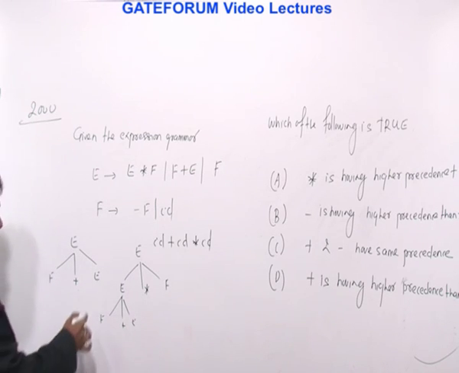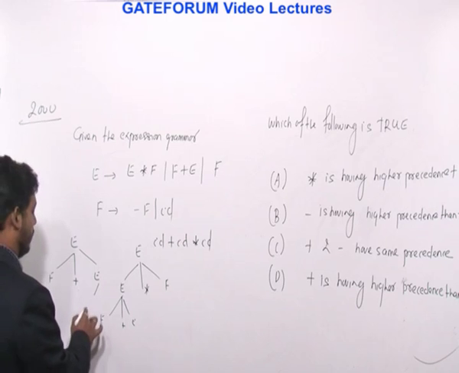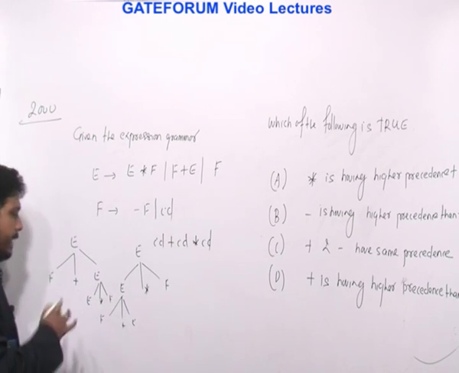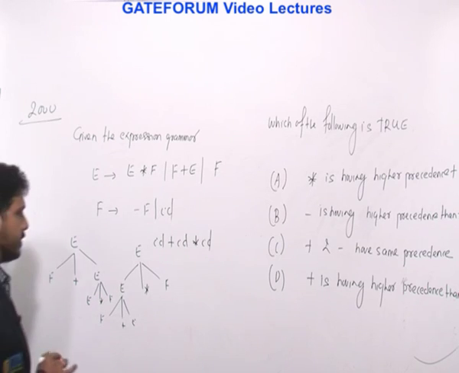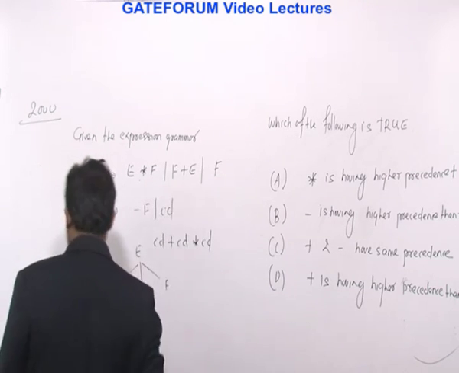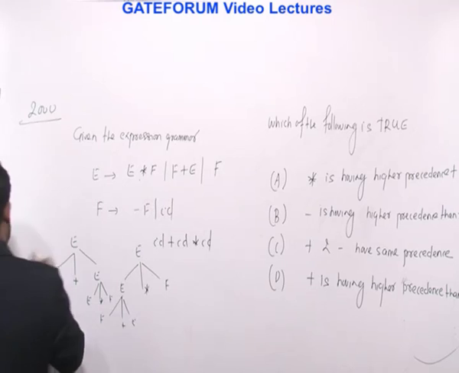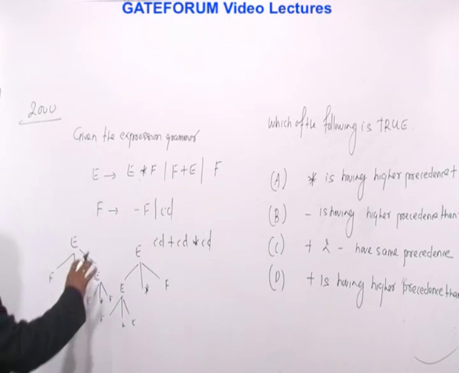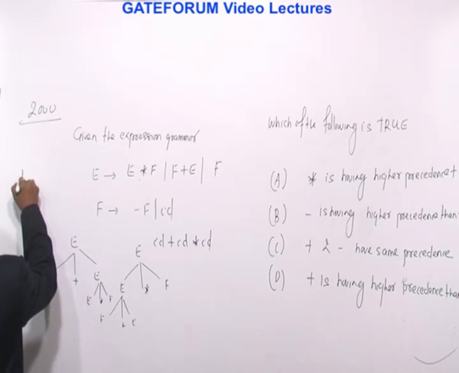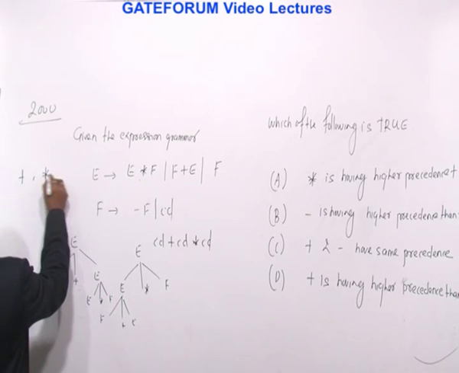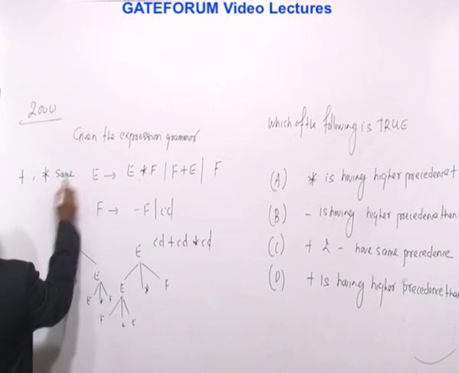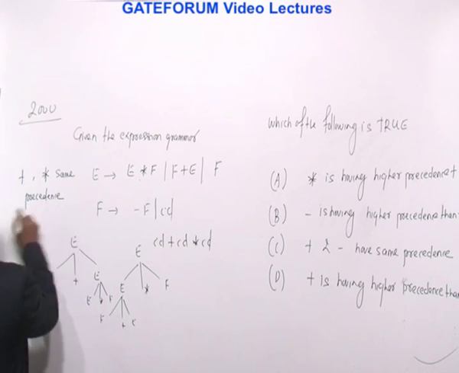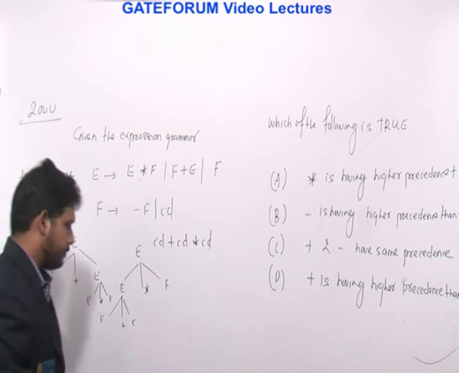Then I can go with star, and introduce a star over here by E star F. So I can get it both ways. So the first thing is that if they are on the same level, then their precedence is also the same, because you can introduce any one of them first, any one of them later. So plus and star have the same precedence.